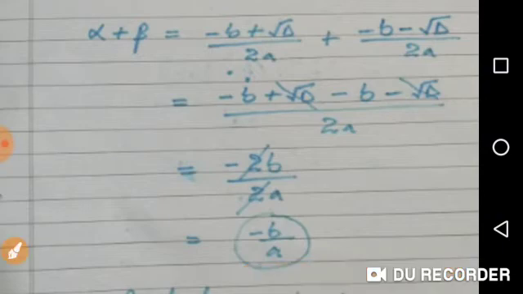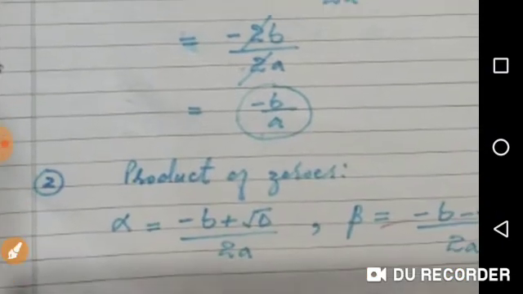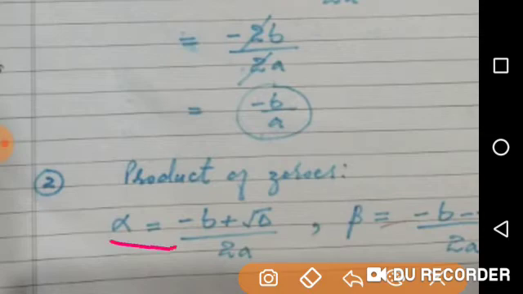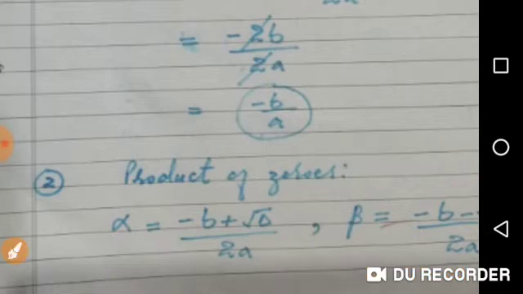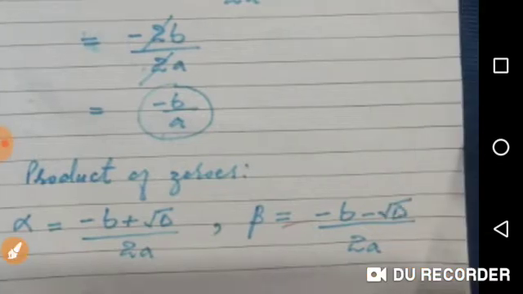Okay. Next one is the product of the zeros. We know alpha is equal to minus b plus root of d divided by 2a and beta again is equal to minus b minus root of d divided by 2a.